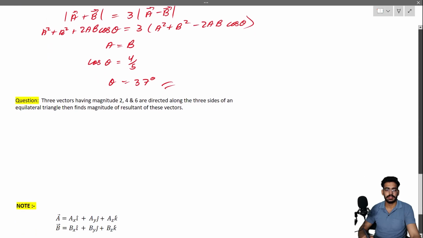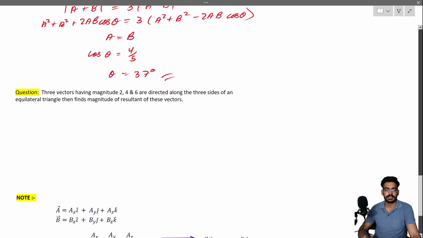Next question we have is: 3 vectors having magnitudes 2, 4 and 6 are directed along the 3 sides of an equilateral triangle. Then find the magnitude of the resultant of these vectors. So what is given here? Three vectors.